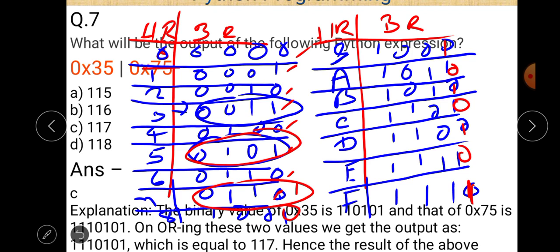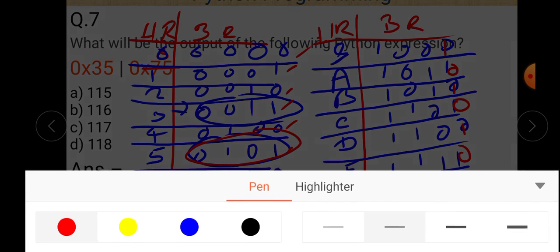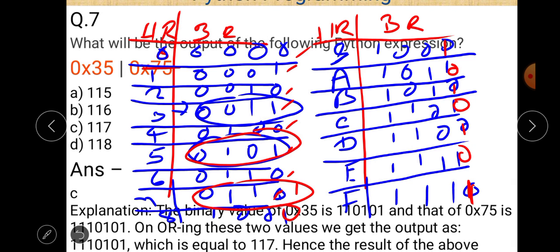Okay, so the representation of 75 in binary form is 1110101. So that is the representation of 75. Now I think it is clear to all of you.